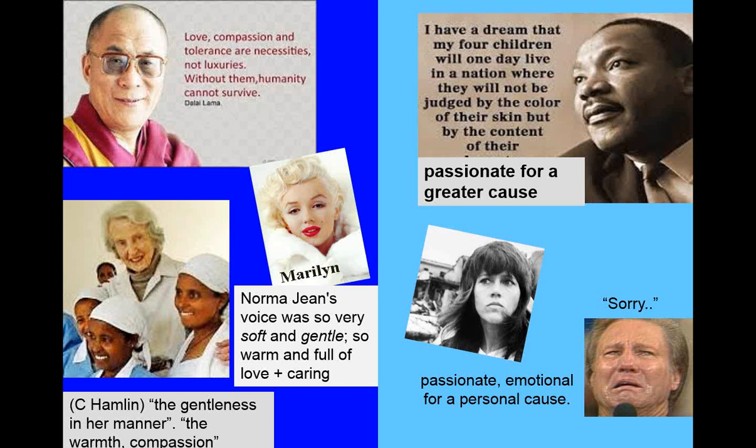And so I've got the Dalai Lama. Now, I think he's definitely a Ray 2 soul as well, so he's got that going, but he always seems to be so calm and gentle, and I think he has a Ray 2 emotional body as well. On the other hand, Martin Luther King, he was definitely fiery and passionate for a greater cause, and when he spoke, you could feel him trying to impress, preaching to the audience, and his fire and his passion, Ray 6 idealism, would really go out.